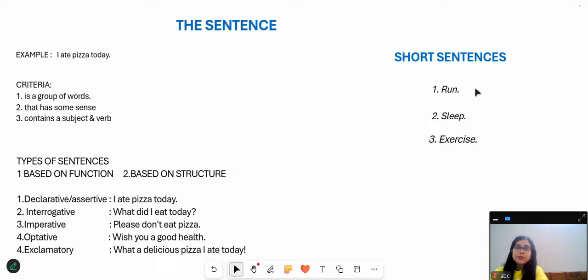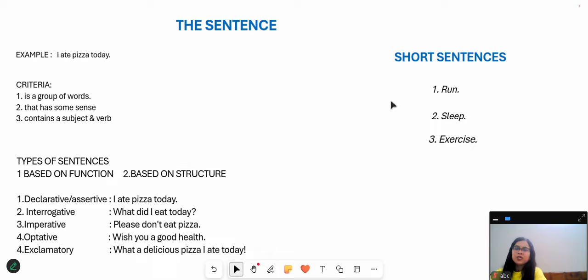Did I not say to you in the beginning of the session that a subject and a verb are both a must for a sentence? Then where is the subject? In such types of sentences, you is implied. I mean to say, even if you is not written here, you is implied in this sentence, that you run. And so, this is a full sentence.